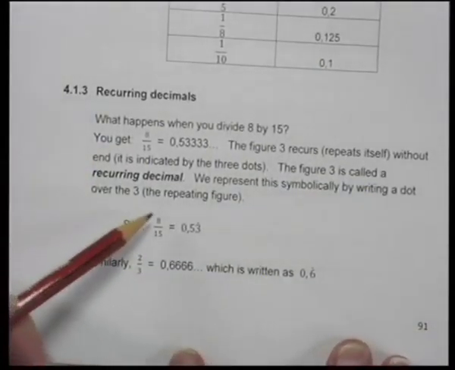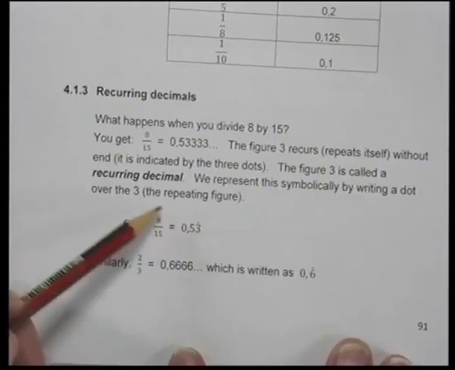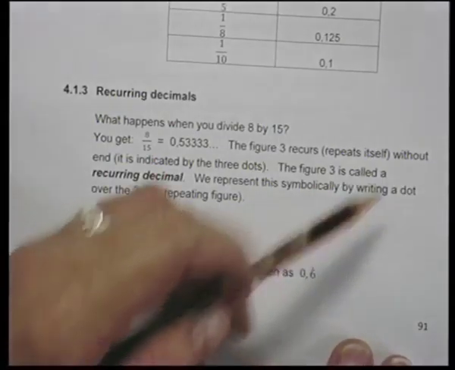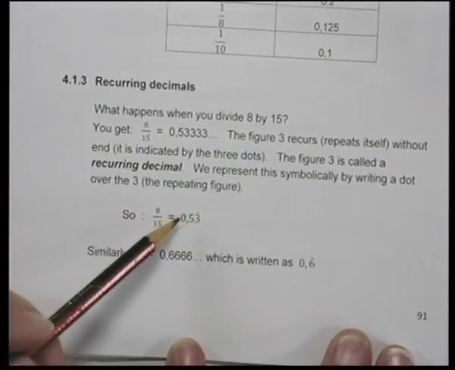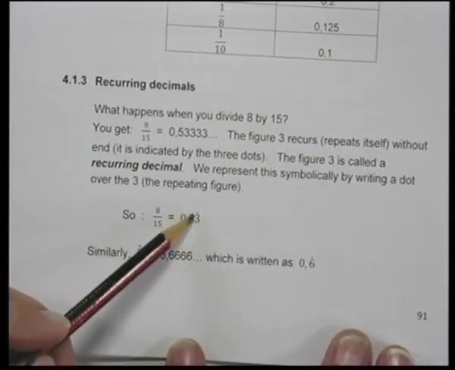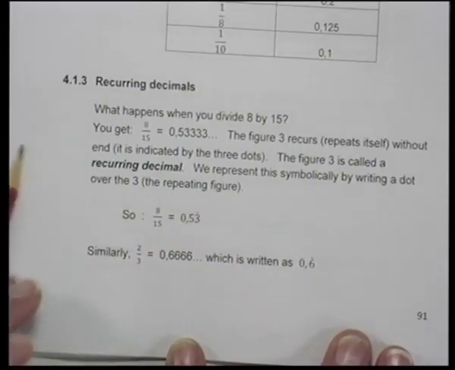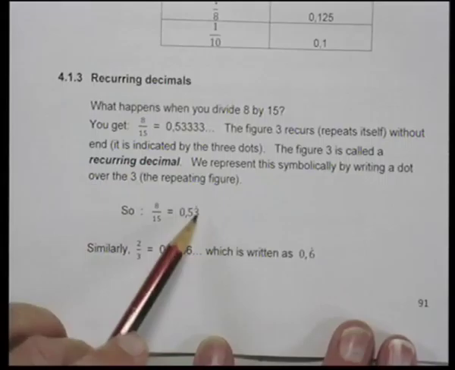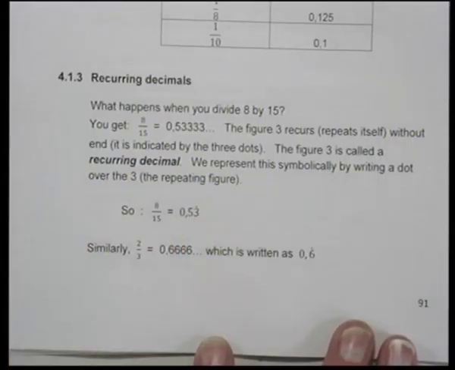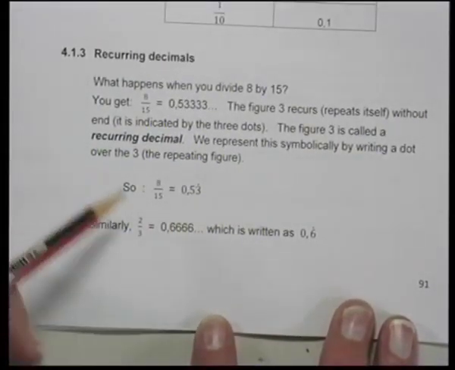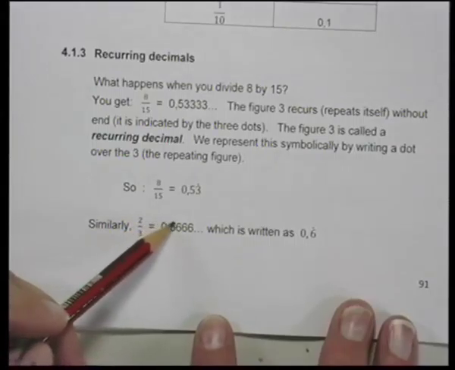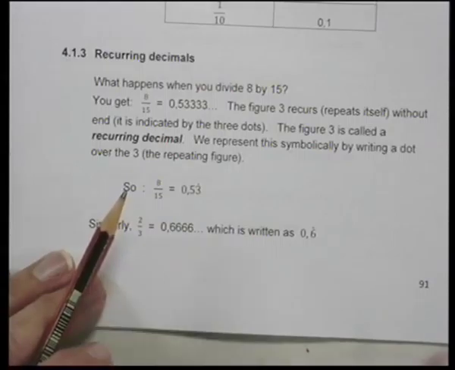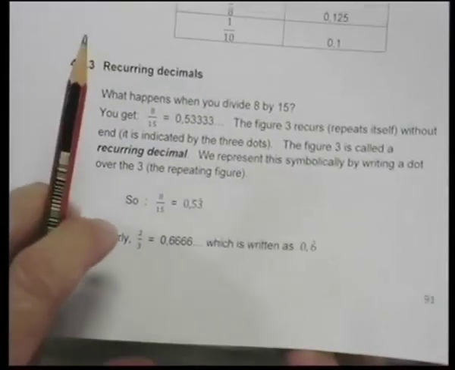For example, 8/15, if you work it out on your calculator, you get 0,53333, so it's recurring. Then we write it 0,53 with a dot on top of the 3. So that means the 3 is repeating. The same with 2/3. You get 0,6666 and we write it as 0,6 with a dot over the 6.